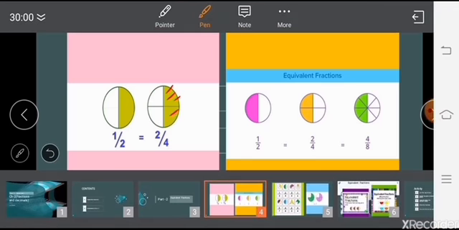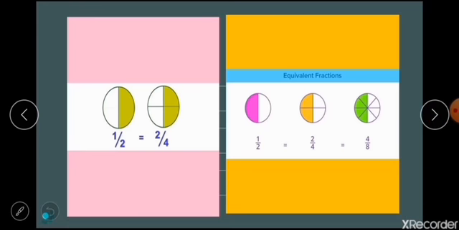So, how can you write down the fractions, as we discussed in our previous session about fractions? How can we write in fraction form? So here we can write the shaded portion, that is 1, and the total portion in the denominator, that is 2. And here shaded parts are 2 and total parts are 4.